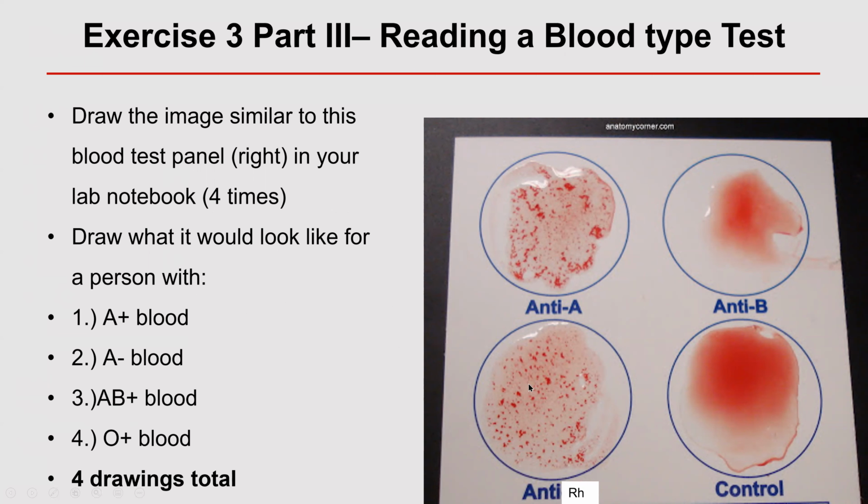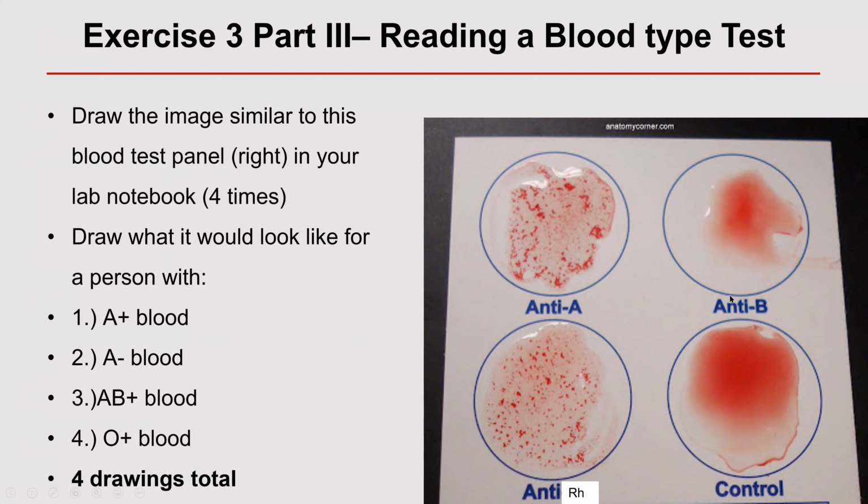So I'm going to really quickly explain how this works. These are just clear panels where you can place a drop of blood from one person. To figure out what kind of blood type you have, this is just a very clever way to do it. In a lab, people have figured out how to generate antibodies, like the kind that our immune system produces.